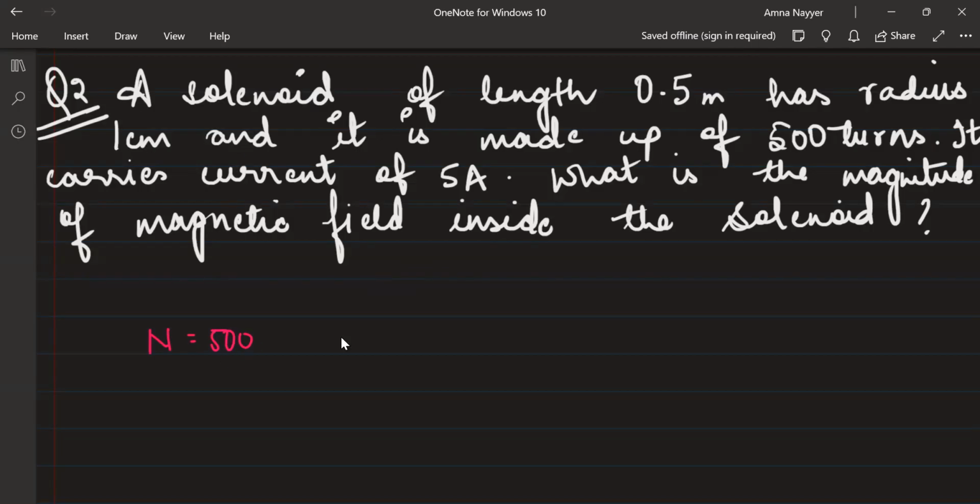So it says a solenoid of length 0.5 meter has radius 1 centimeter, is made up of 500 turns. It carries a current of 5 amperes. What is the magnitude of the magnetic field inside the solenoid? So now we'll be using B is equal to mu naught small n i.